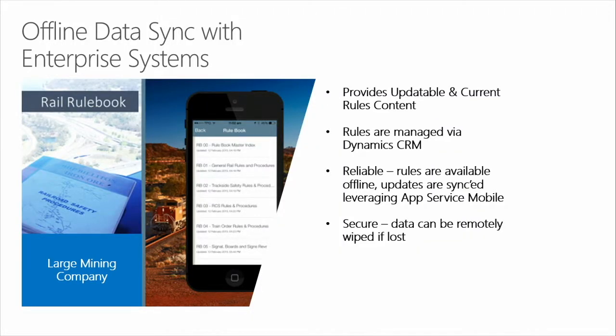These rules are constantly being updated, and AppService Data Sync allows rules to be managed on the backend, in this case in the Dynamics CRM system, and synchronized to the client whenever the network is available, so that they can be kept fresh and always available whenever someone wants to look them up on their device.